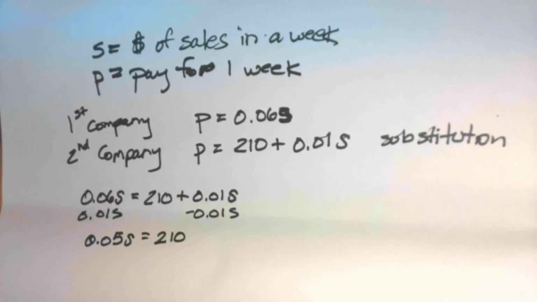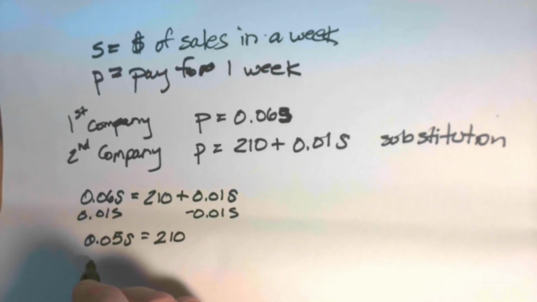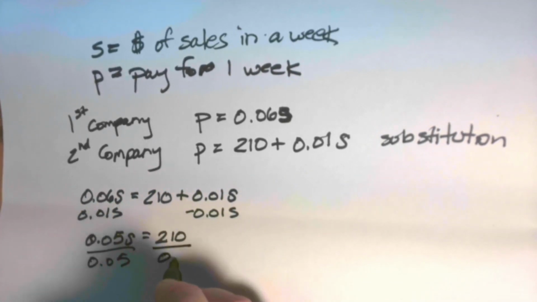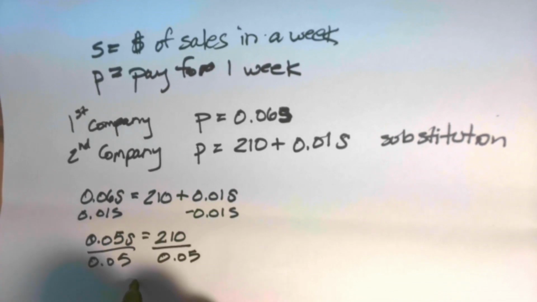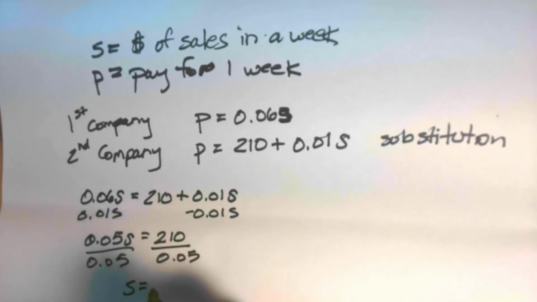If I divide both sides by 0.05, so if I take $210 and divide it by 0.05, I'm going to use a calculator to do that calculation. And so I get 4,200. So if I divide both sides by 0.05, I know that my sales has to be $4,200.